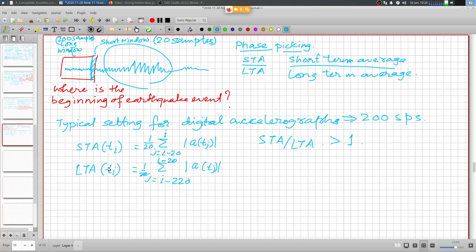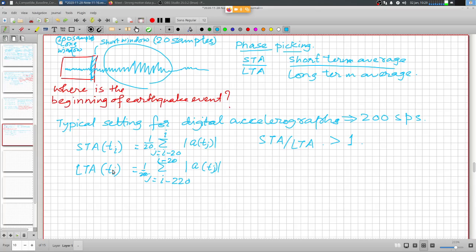The moment it senses that some motion is there other than the background noise, some seismic activity, this summation would increase first before it begins to have any effect on the long-term average, thereby increasing the STA by LTA ratio greater than 1. And wherever we obtain this STA LTA ratio greater than 1, we take that as the beginning of the earthquake event. And that's how we will do this exercise.